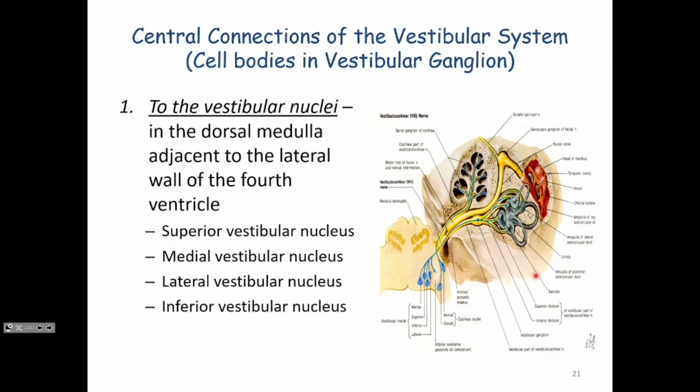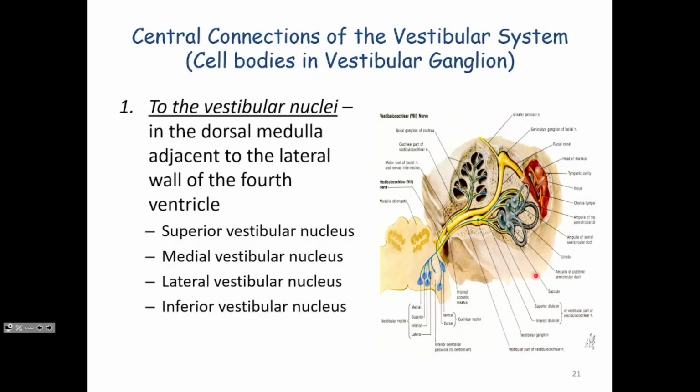The vestibulospinal tract arises from the lateral vestibular nucleus. The medial vestibular nucleus is involved in the medial longitudinal fasciculus, which connects the 3rd nerve, 4th nerve, 6th nerve with the 8th nerve. So that is important in terms of the vestibulo-ocular reflex, which we are going to talk about in a bit. The rest of them are also important, but we are not going to talk in detail about them. The superior and the inferior vestibular, there are 4 vestibular nuclei.